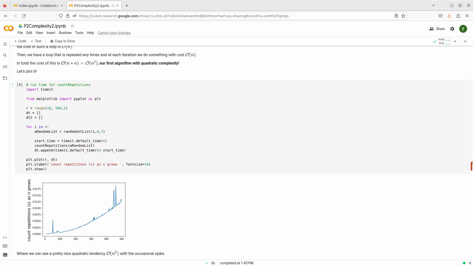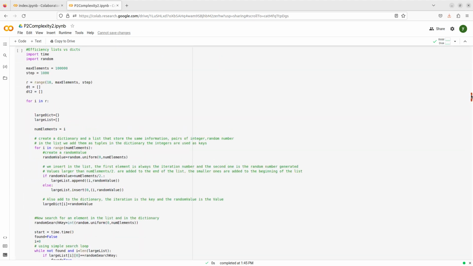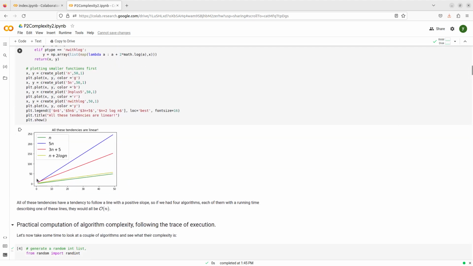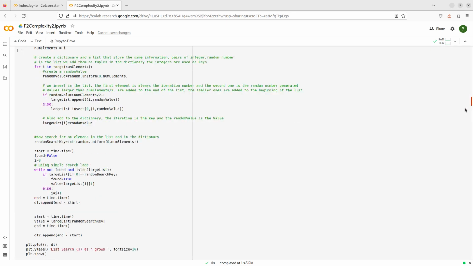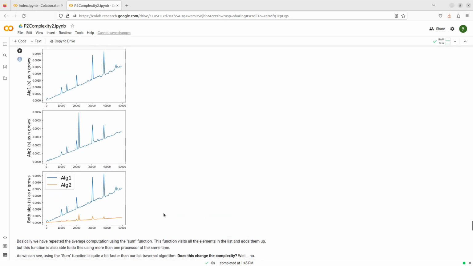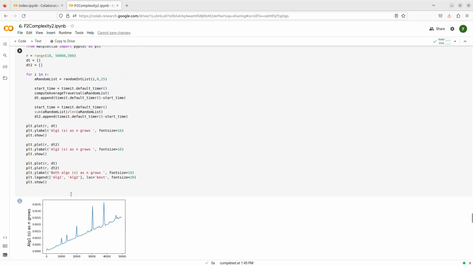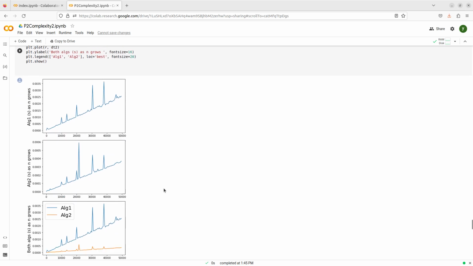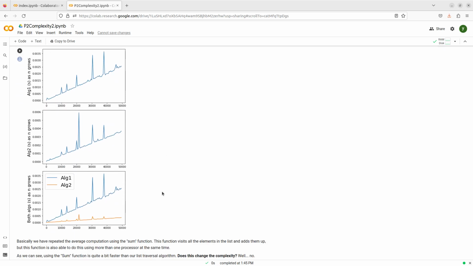Okay, this is the same situation that I had way back in the beginning of the session, where I have two lines and one has a smaller slope than the other. This is exactly what's happening now. So these two algorithms have the same asymptotic complexity. They are both linear, but because this is likely running in parallel and using, let's say, 8 processors, I'm dividing the time it takes to run the algorithm by 8 approximately.